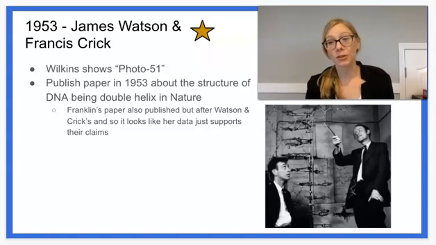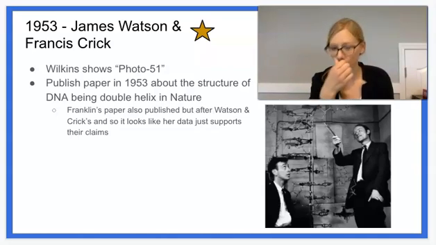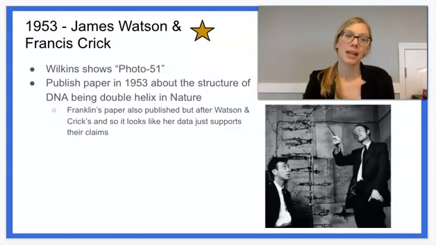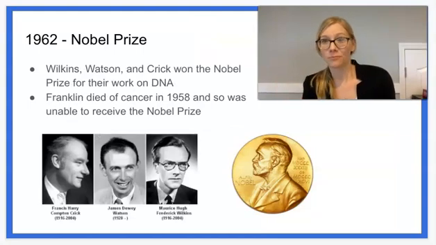They actually also published Franklin's paper because all of this kind of happens at the same time, but they put it after Watson and Crick, so it kind of looks like that her data really just supports what Watson and Crick discovered. So kind of they stole her data and used it to write a paper and figure it out without her consent.